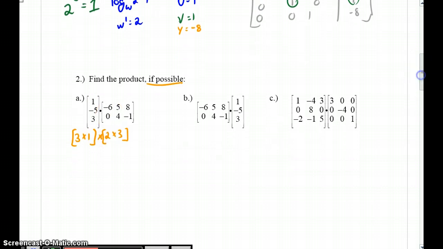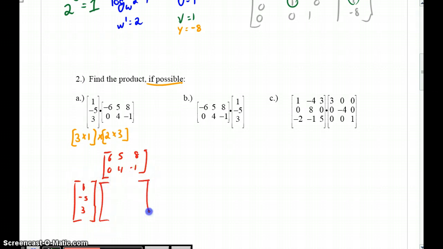Another way you can see this is if you line up the way that you're going to multiply. We've got the numbers 1, negative 5, and 3 with the numbers 6, 0, 5, 4, 8, and 1, negative 1. If I was to match up, you sort of work your way in to each spot.